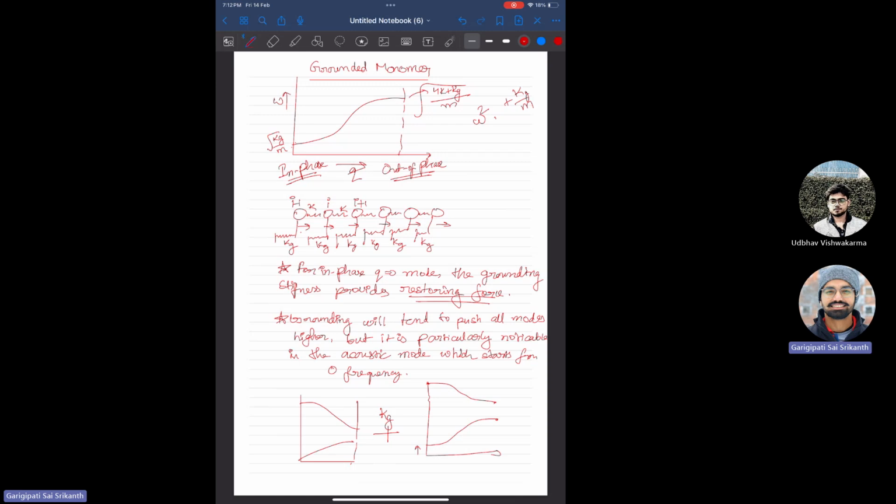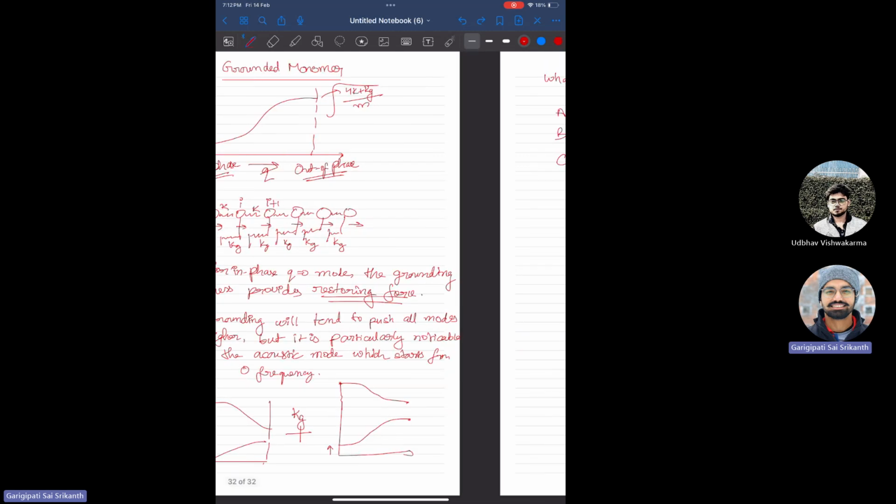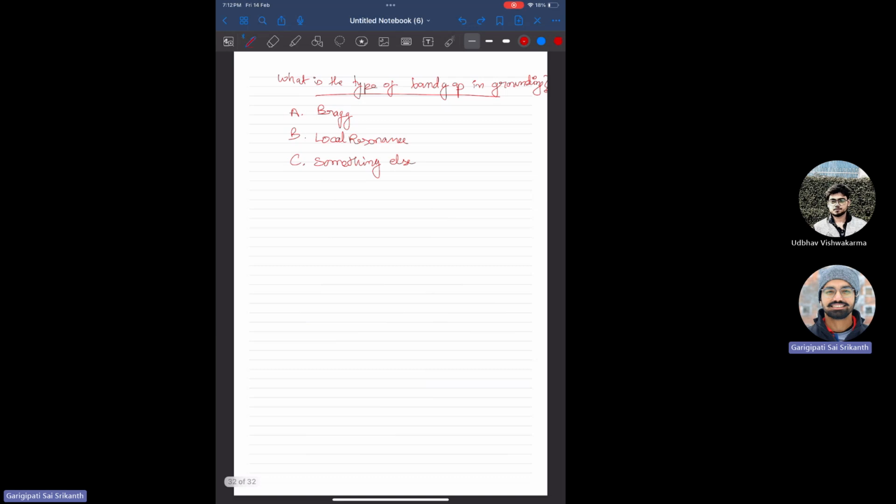We could say that. So earlier there was no band gap here, but now there is a band gap. And my question is, what is the type of band gap in grounding? Is it Bragg? Is it local resonance? Is it something else?